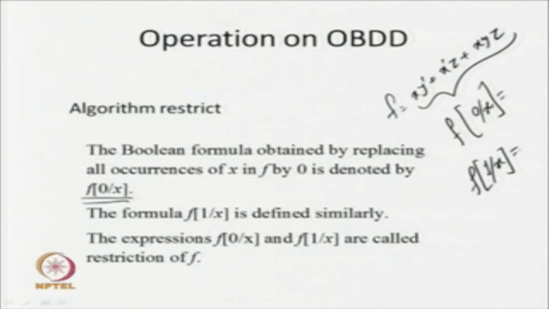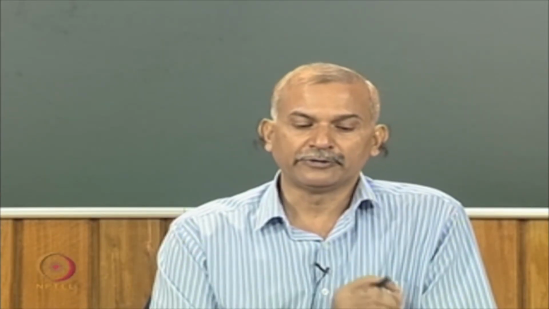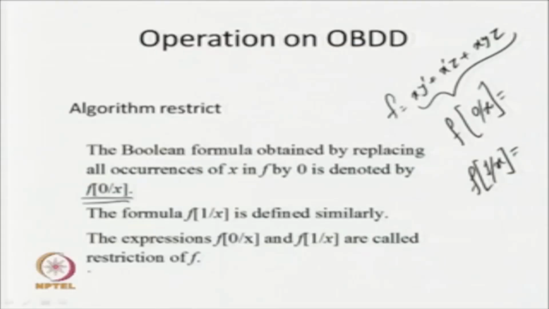That means, we are putting a restriction on one variable. I am saying that x will always be 0 only, or that x will always be 1 only. You just look at the valuation of this function depending on the other variables. So, this is basically known as the restriction of f. Okay, we are going to restrict the valuation of the function with respect to some variables.